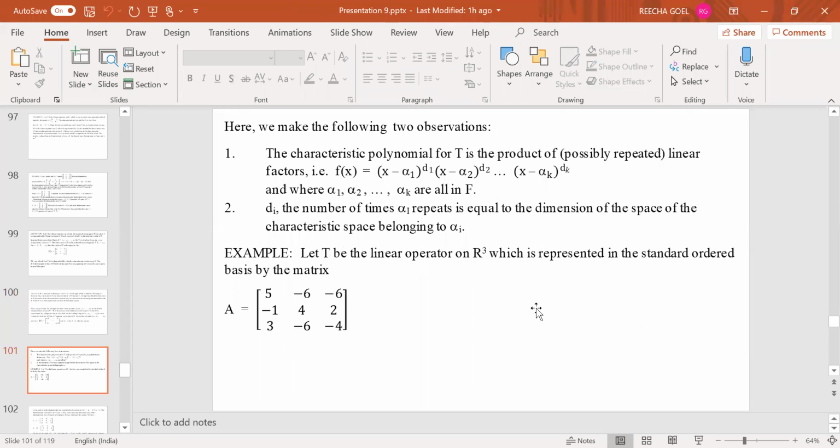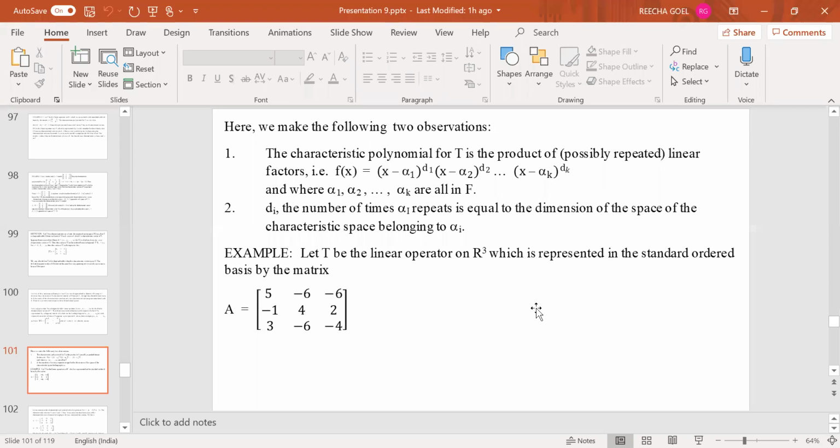In this case, we make the following observations. The first observation is the characteristic polynomial for T is a product, because alpha 1 is going to repeat d1 times, alpha 2 is going to repeat d2 times, alpha k is going to repeat dk times.